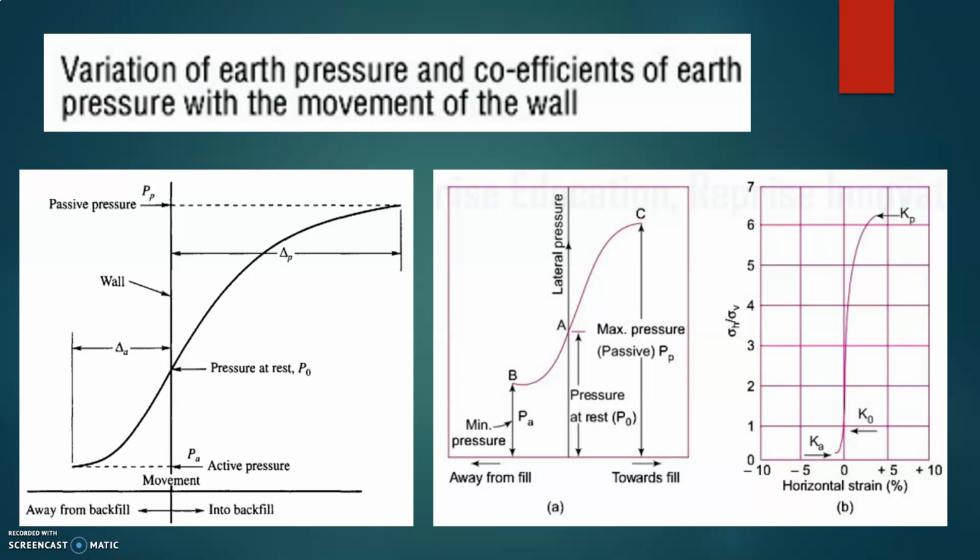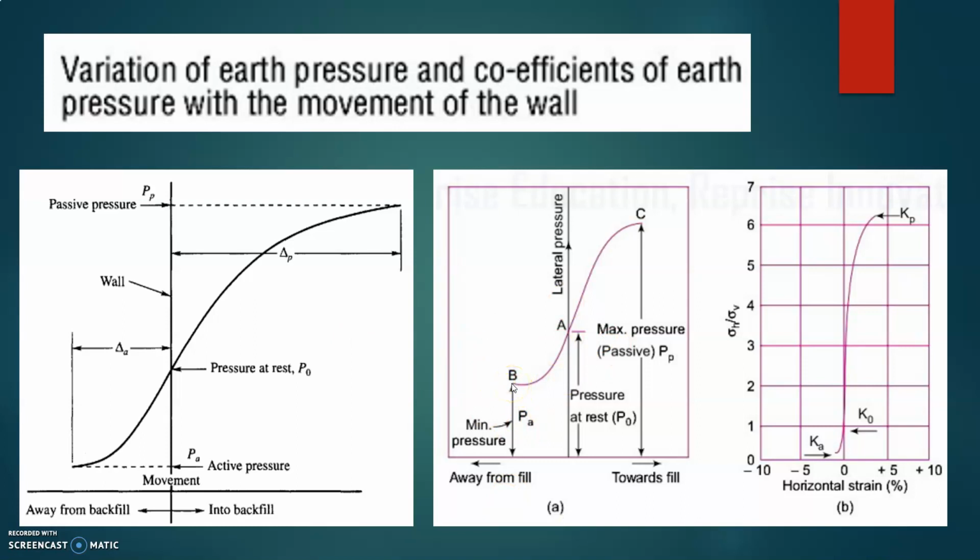The decrease of earth pressure continues up to B, where the full resistance has been mobilized. The earth pressure does not decrease beyond this point with further movement of the wall. This minimum pressure is called the active earth pressure.